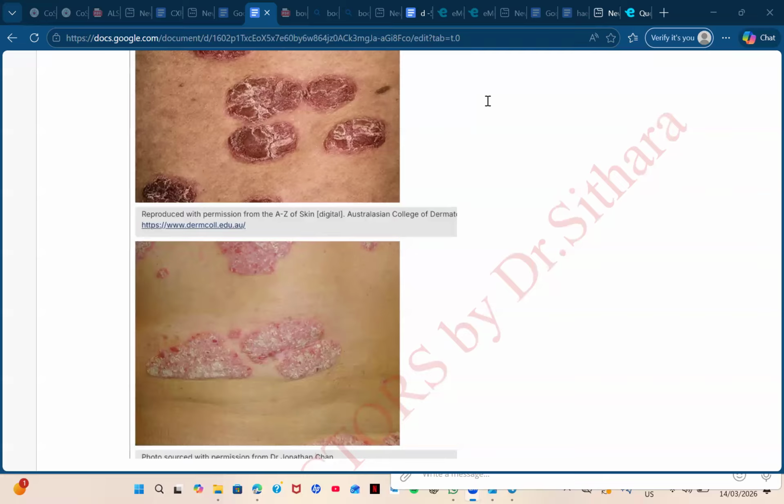So what is Auspitz sign? What do you know about Auspitz sign? Tell me, because in the question they can ask about that.